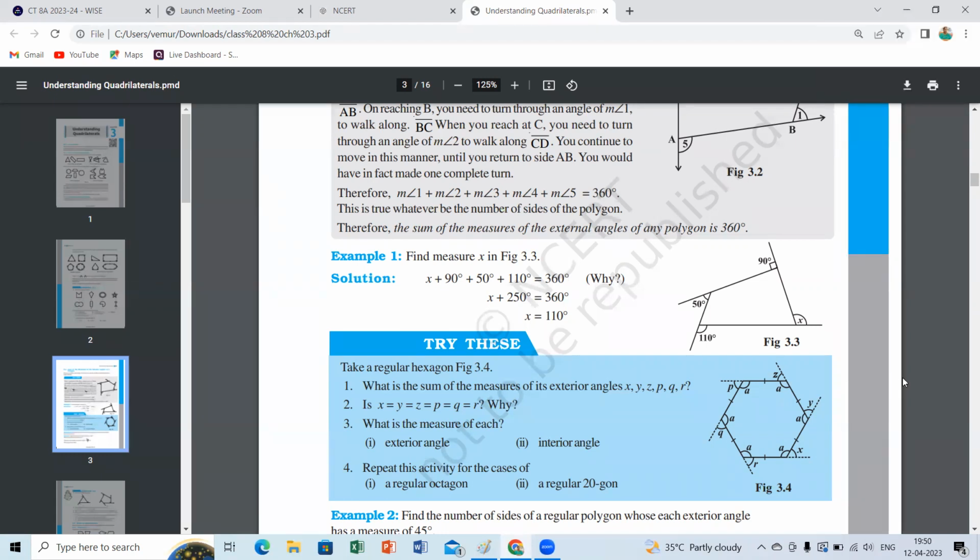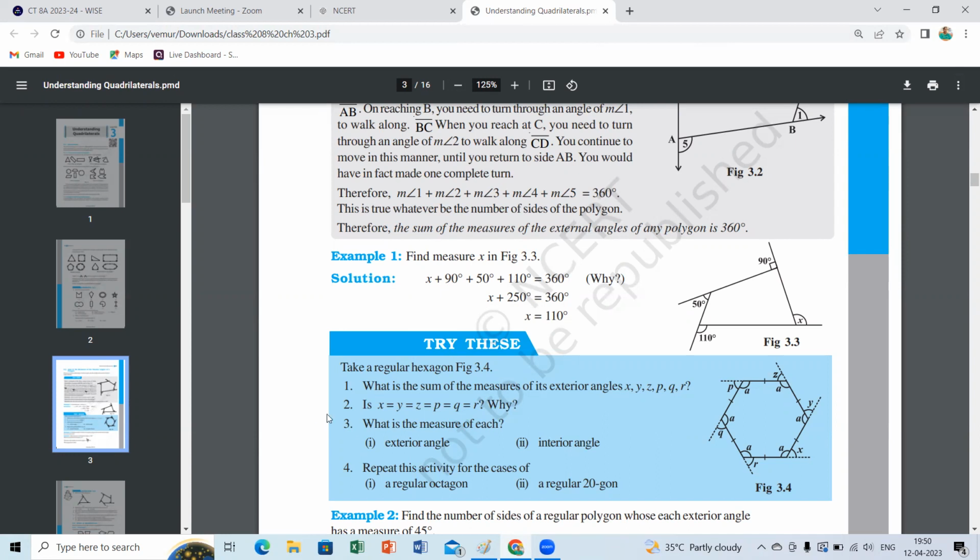Is X equal to Y equal to Z equal to P equal to Q equal to R? Why? All these angles are also equal.